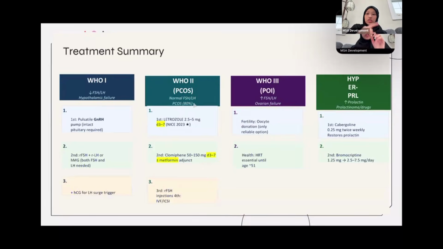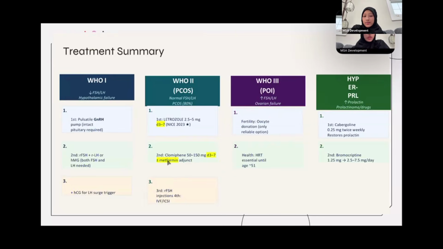The FSH and LH should be high during those first few days, and it will take some time, right? So you want to give it that window to increase all these hormones and make sure that ovulation happens on day 14. Third line, if these two don't work, is the recombinant FSH only.